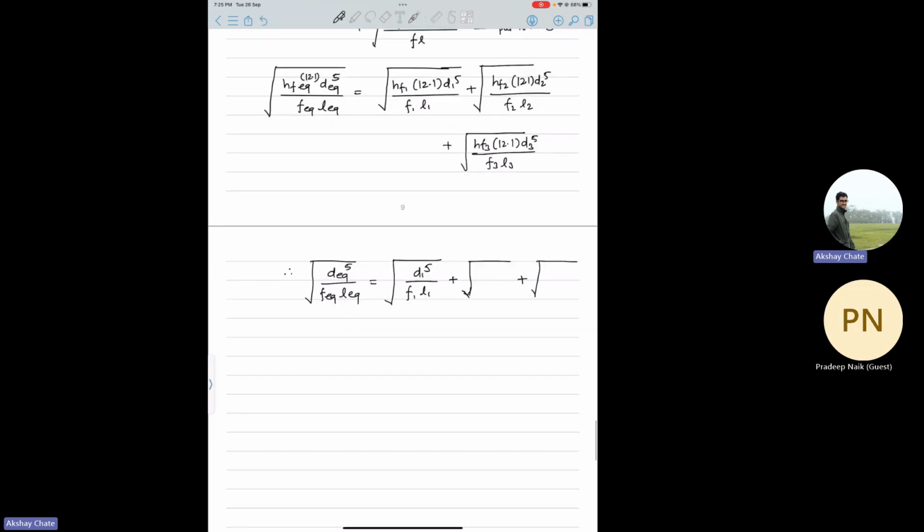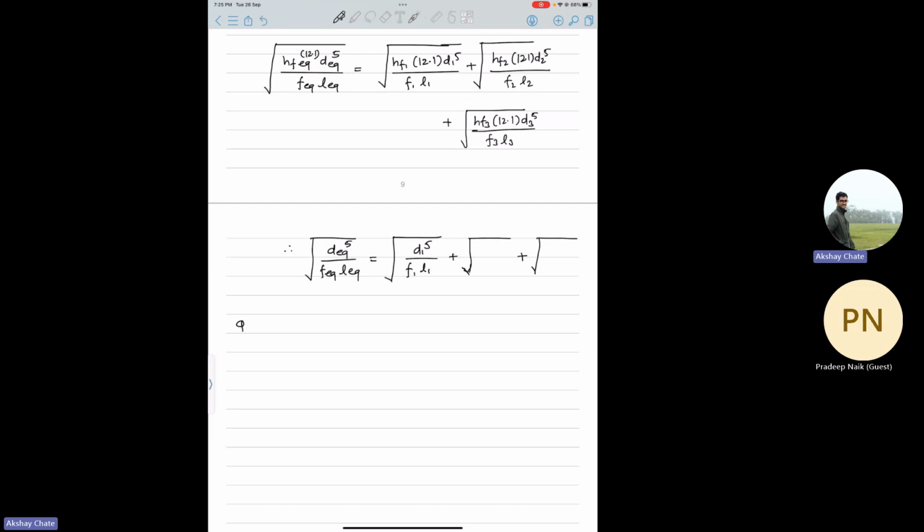So one question is there. In the question it is given that there are n parallel pipes of the same length, diameter and frictional factor between them.